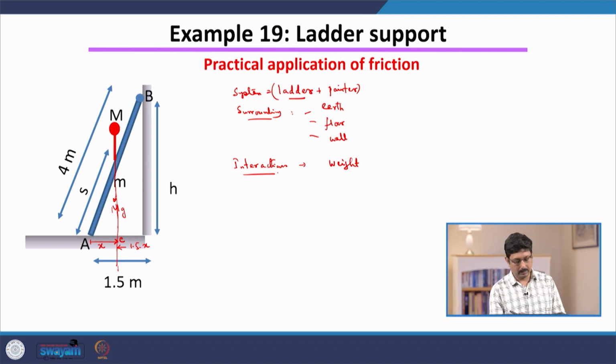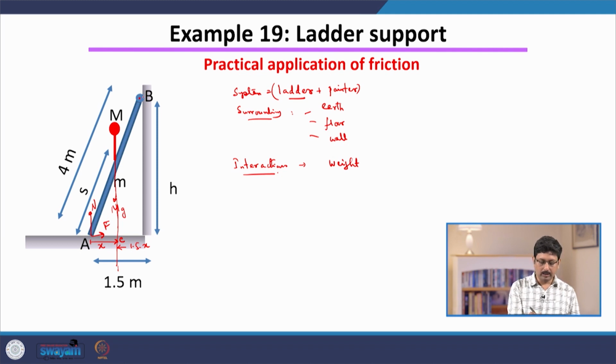The other interaction is the contact force between the floor and the ladder, which in general has two components, the normal component and the frictional component. Now, what is the direction of friction? If the ladder slips, it will slip in this direction, so the relative velocity is in this direction. That means the frictional force must be in this direction, opposing that from happening.